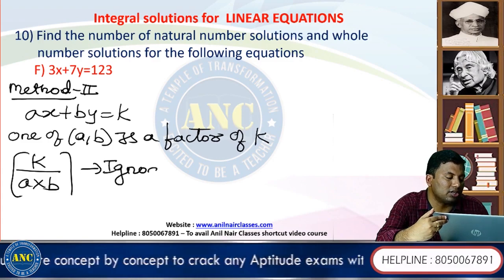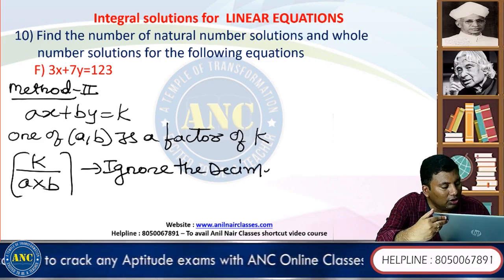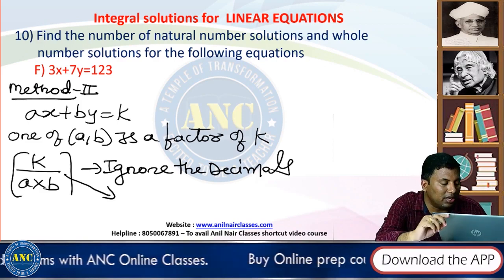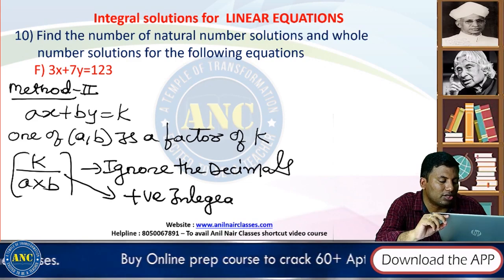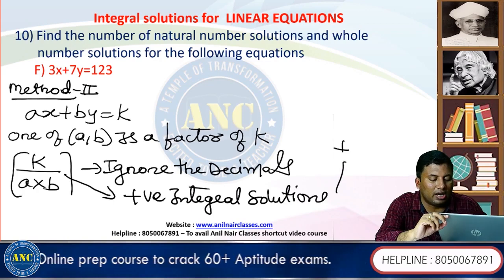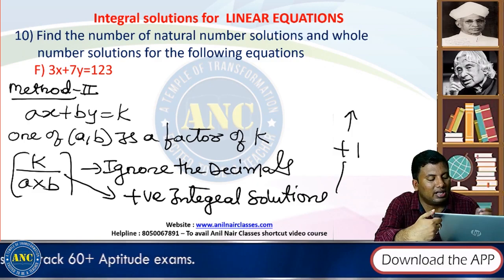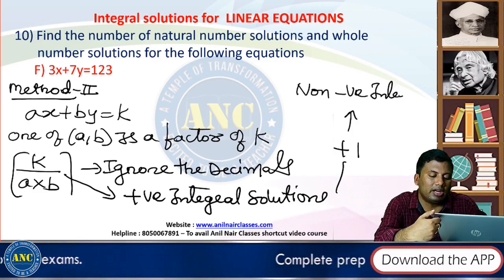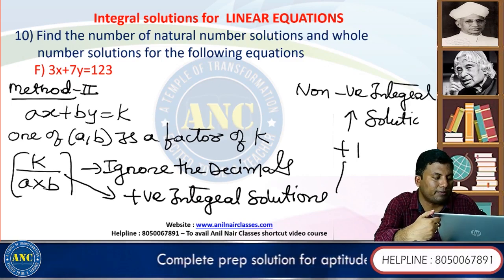The value after ignoring the decimals of k by a into b is nothing but the positive integral solutions. If you add plus 1, why plus 1? Because one of them is a factor of right hand side, I will get non-negative integral solutions.